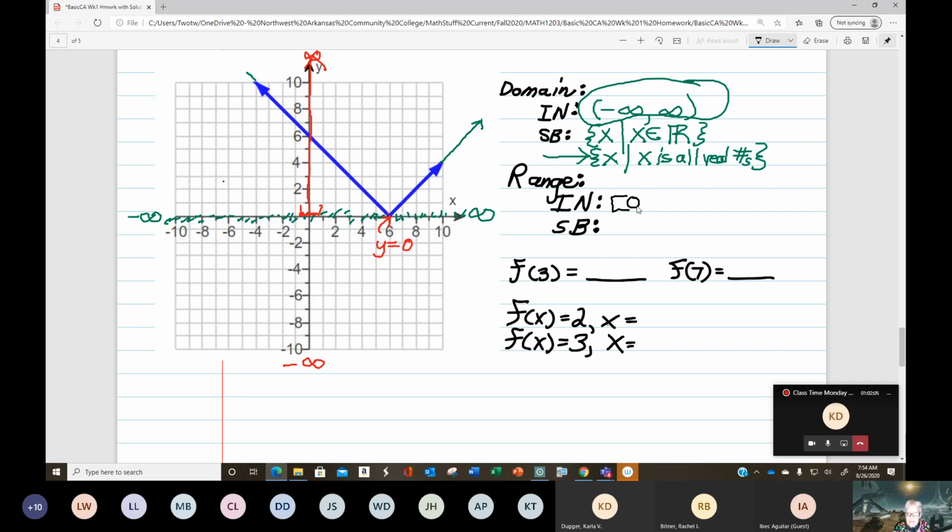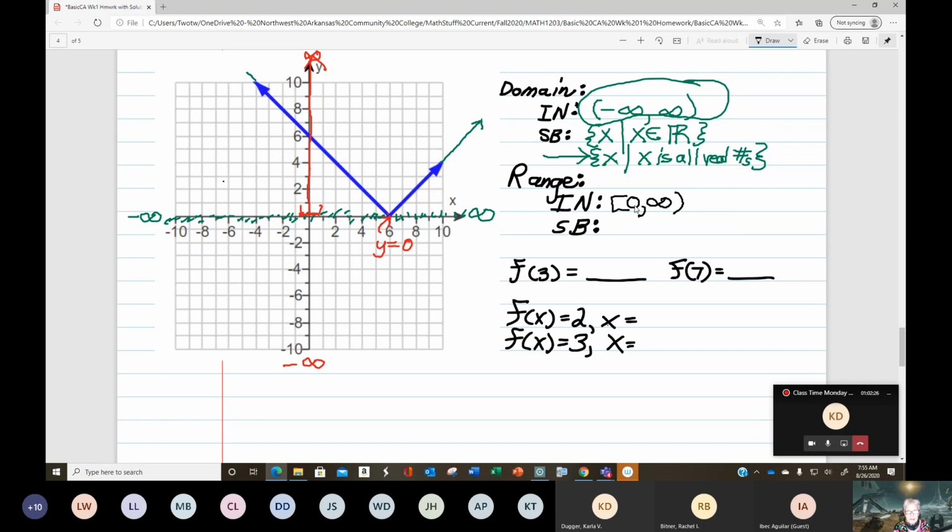The lowest y value is y equals 0. And then there is no end to the y values. So that would be our range in interval notation.